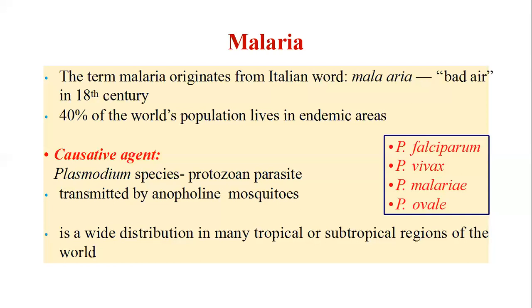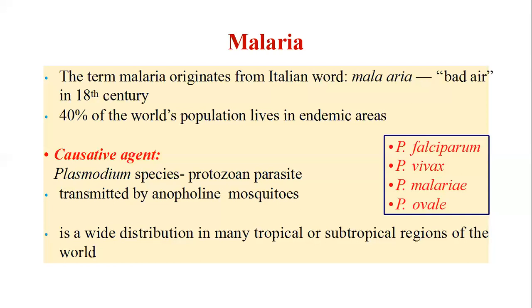Malaria, this particular term, originates from an Italian word, malaria. The English meaning is bad air, and nearly 40% of the world population lives in the endemic area.